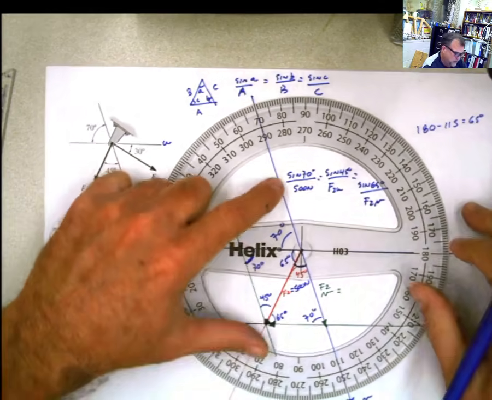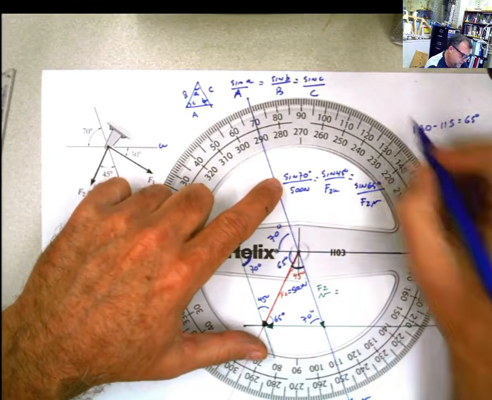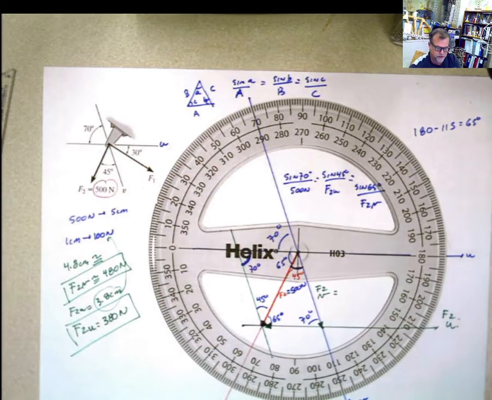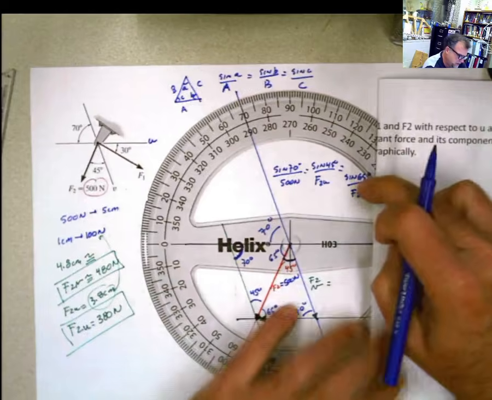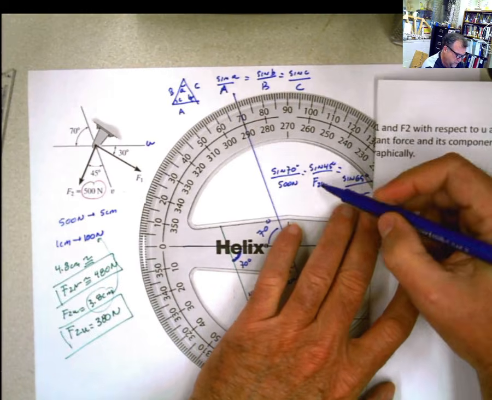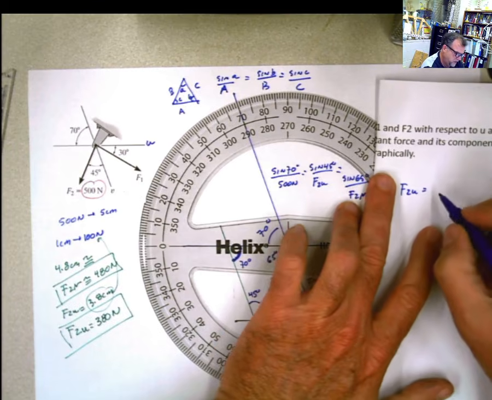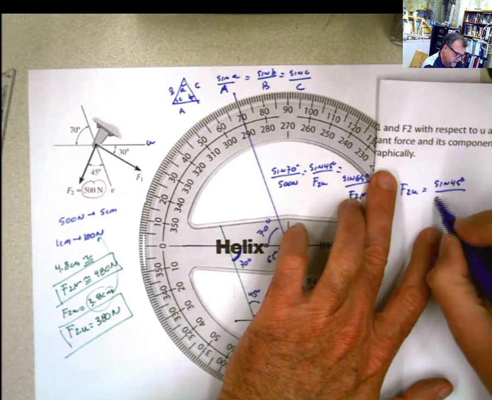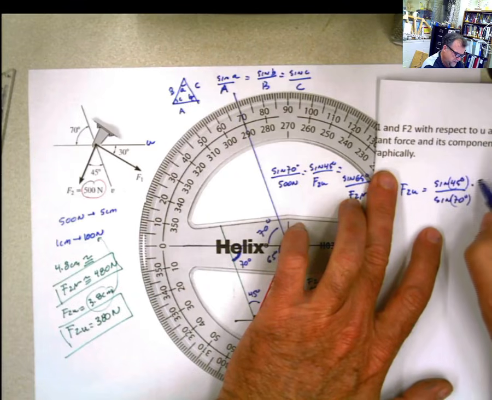Now if I do that, and I want to solve for F2U, I'm going to change the paper, hold this here. Okay, and I'm going to apply this equation, F2U, I pass F2U to this side and the rest to this side. So F2U is going to be equal to sine 45 degrees divided by sine 70 degrees multiplied by 500.